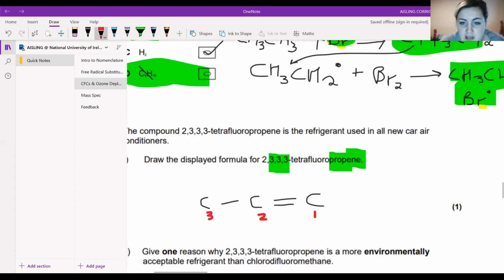So on my 3rd carbon, I'm going to have 1, 2, 3 fluorines. I encourage you to just go ahead of me here. And I've also got a fluorine on the 2nd carbon. So here I've got a fluorine too.